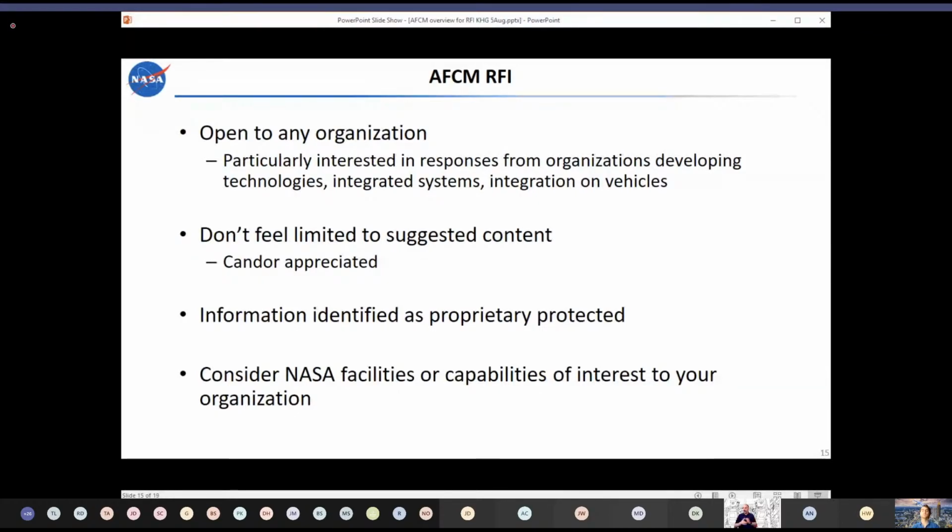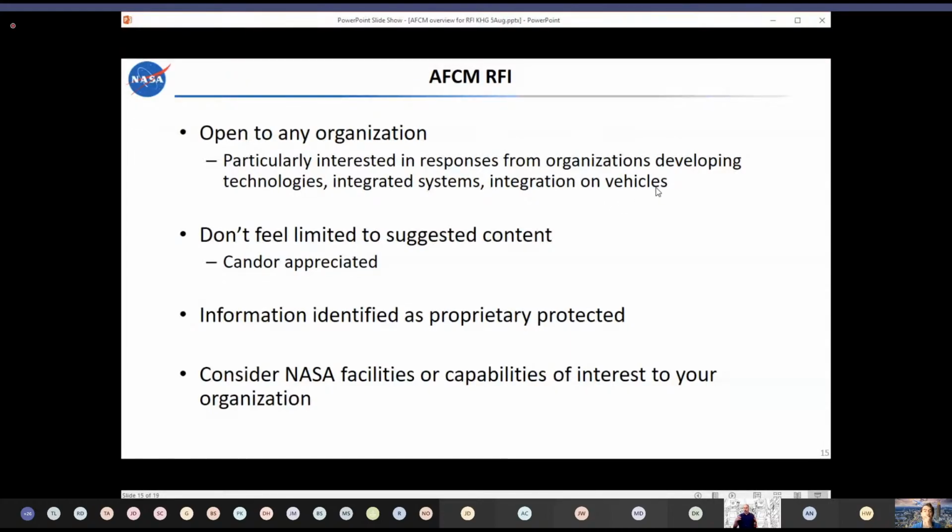We want to hear the input from the broader community, what areas you think are high priorities, where you think solutions may exist. We're particularly interested in getting responses from organizations that are actively developing component level technologies, integrated flight systems, and integration onto flight vehicles.